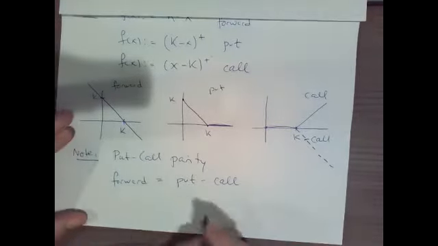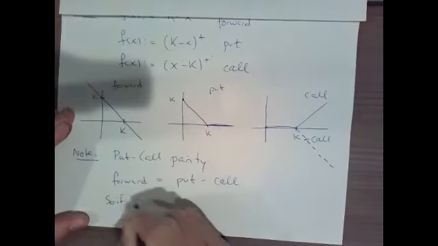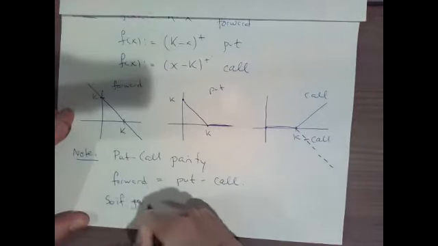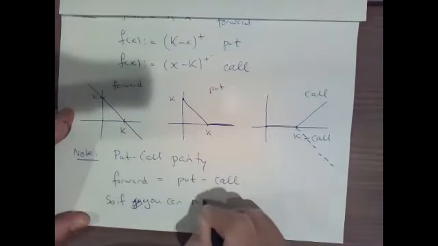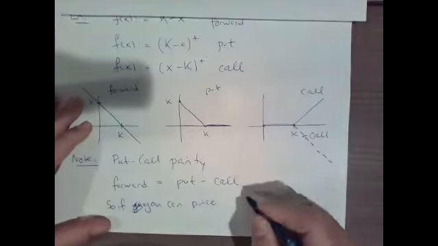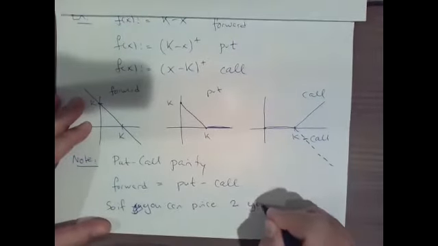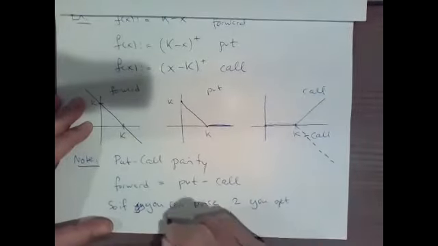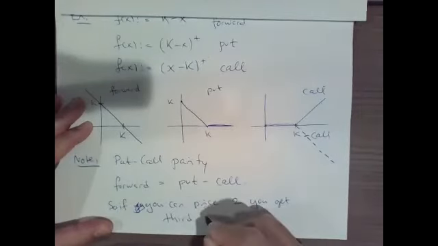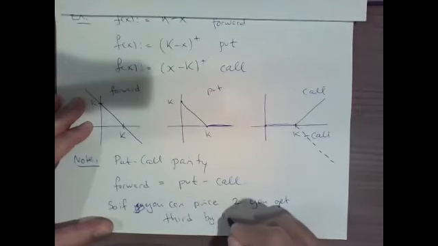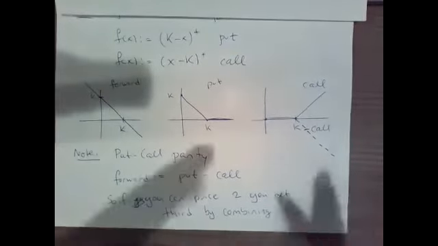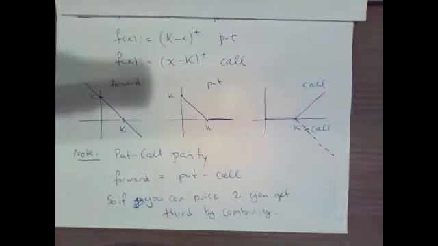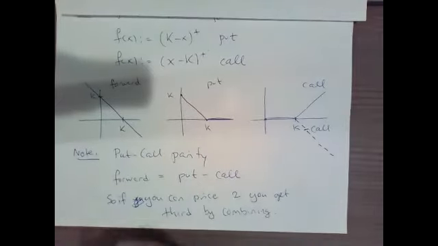So if you combine two, you get the third by combining. Say that you know how to compute the put price, say you know how to compute the call price, and you take the difference and get the forward.